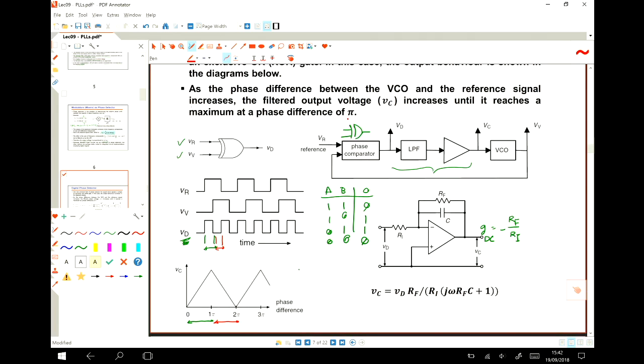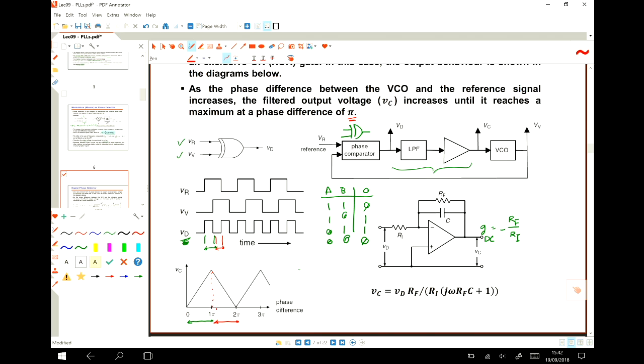And the maximum is at pi. I mean, the maximum of the voltage that we can receive is at pi. And we say that this system can track up to pi phase difference.